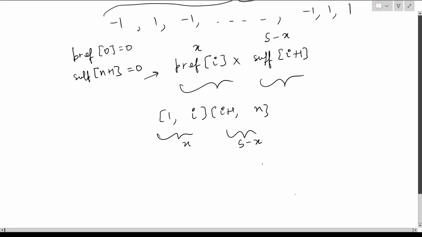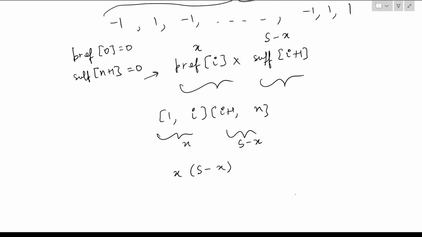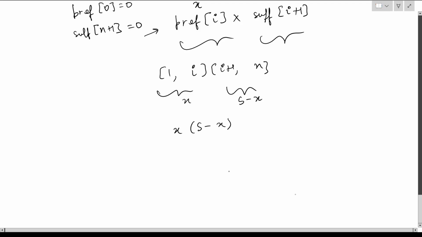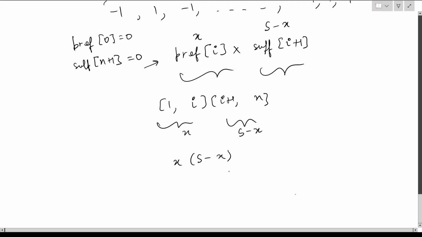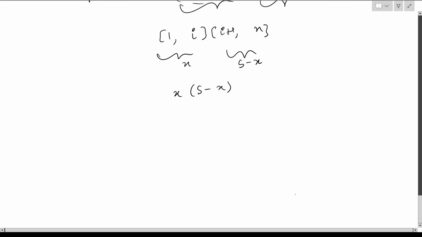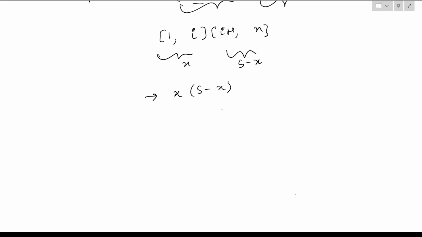So this means that we are now simply trying to look at x times s minus x and trying to find the maximum value that this can take. So let us imagine for a moment now that x was not forced to be a prefix sum, and it could be any integer. Can anyone tell me what the maximum value that this expression takes as x varies over all integers?